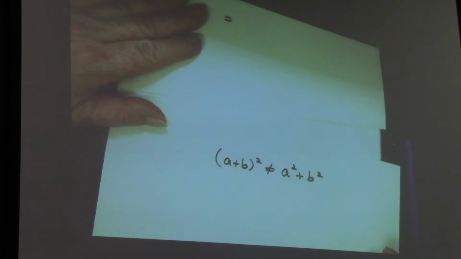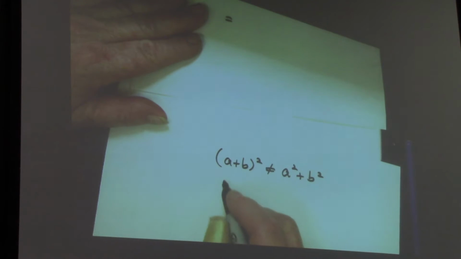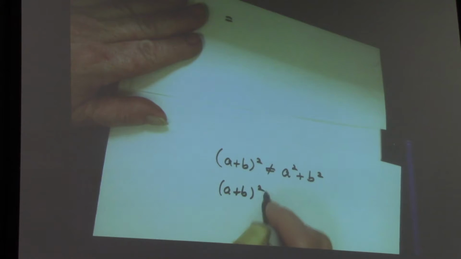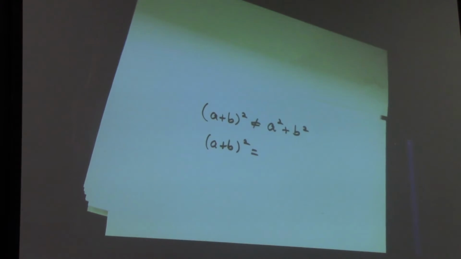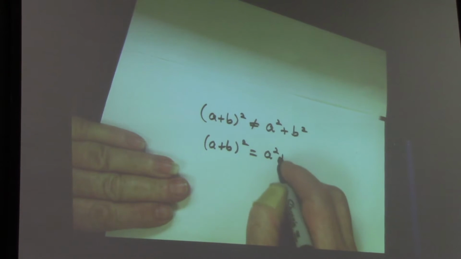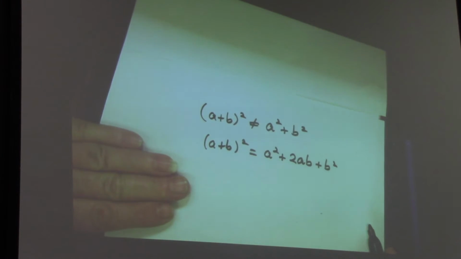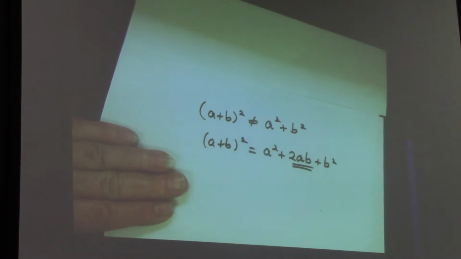That's the kind of problem where us math teachers want to scream. Now, what do we get when we square a binomial? A plus b quantity squared is a squared plus 2ab plus b squared, right? There's that 2ab in the middle.